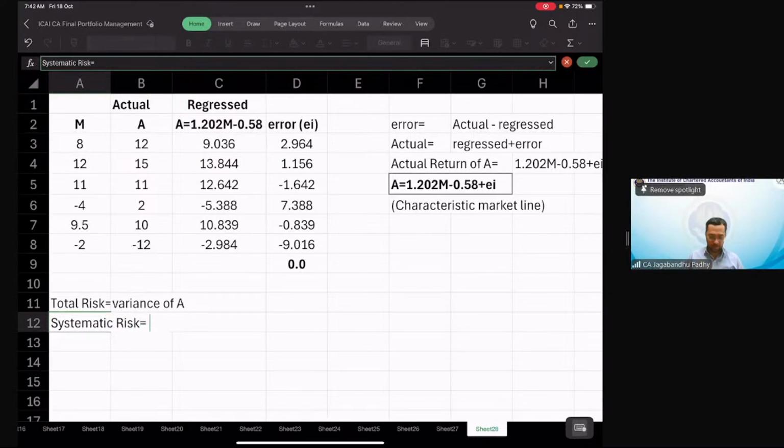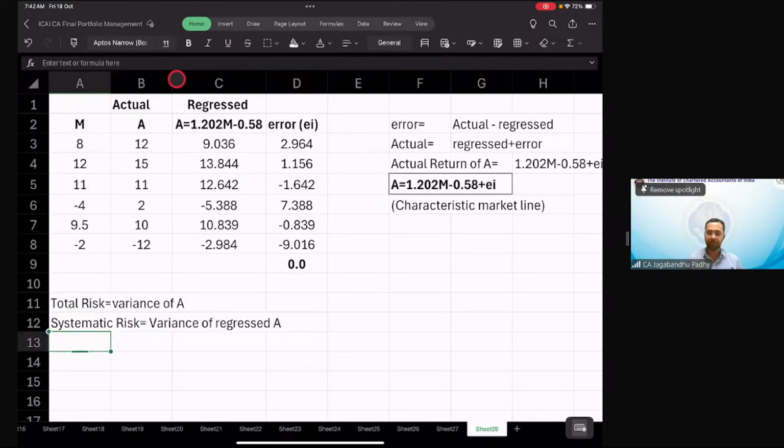Systematic risk is the variance of regressed A. As I stated, actual is equal to regressed plus error.